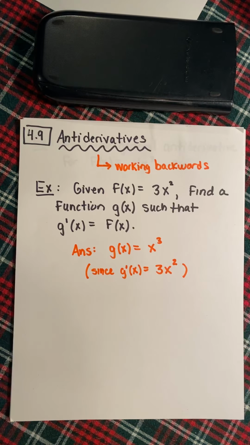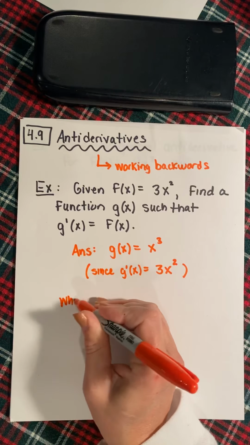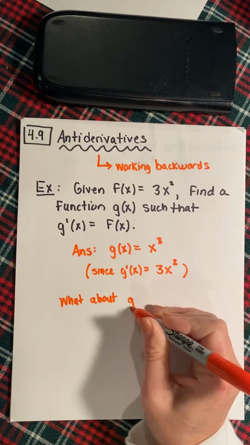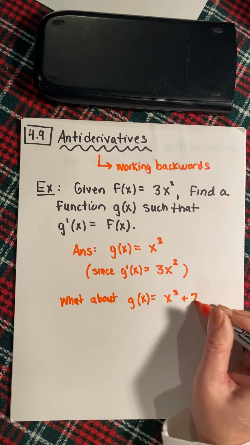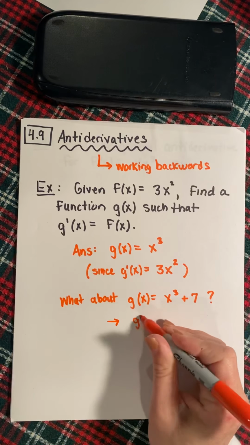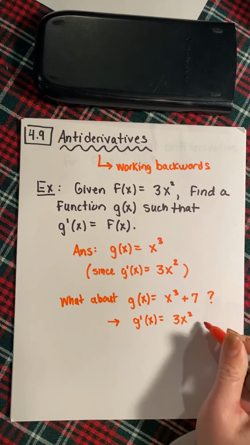But the question is, is this the only function whose derivative is 3x squared? What about g of x equals x cubed plus 7? The derivative of x cubed plus 7 is 3x squared plus 0.